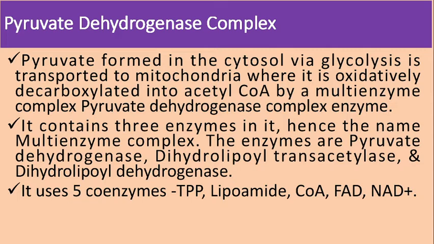And for this reaction to occur, 5 coenzymes are also required: TPP, that is thiamine pyrophosphate, FAD, flavin adenine dinucleotide, lipoic acid, coenzyme A, and NAD+, nicotinamide adenine dinucleotide. These are required for the oxidative decarboxylation of pyruvic acid.